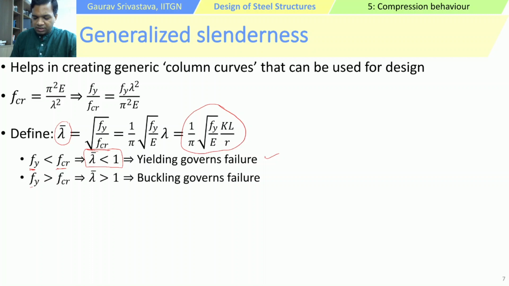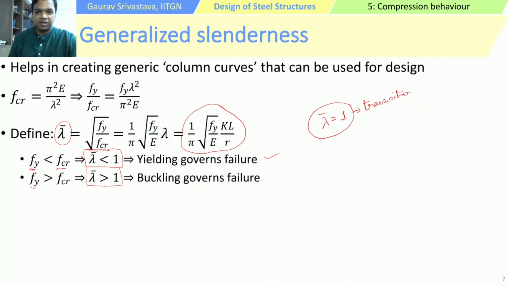Similarly, when yield stress is greater than the critical buckling stress, lambda bar will be greater than 1, so buckling will govern the failure. So lambda bar equal to 1 is always the transition point. The transition from yielding to buckling will always happen at lambda bar equal to 1.